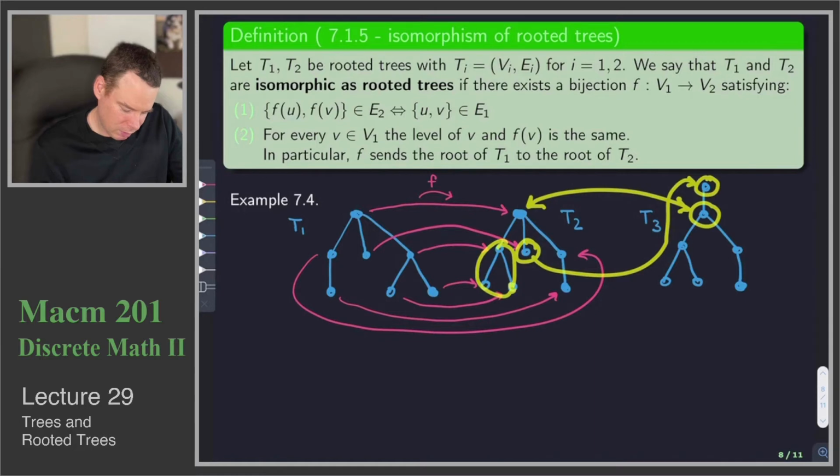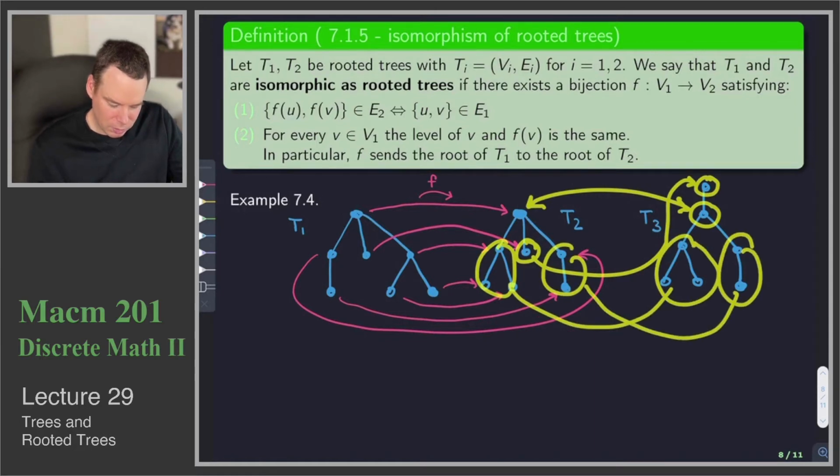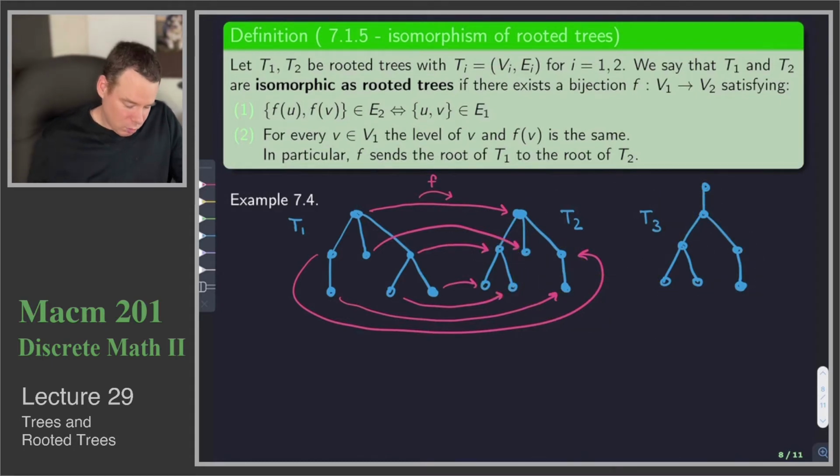And then similarly for these subtrees, they correspond to each other as well. So we can see that as graphs, those trees are isomorphic. But as rooted trees, they are not isomorphic because this vertex is at level 0, whereas the corresponding vertex in this graph is at level 1. So the levels of the vertices aren't preserved.